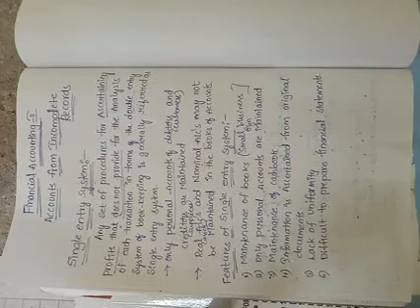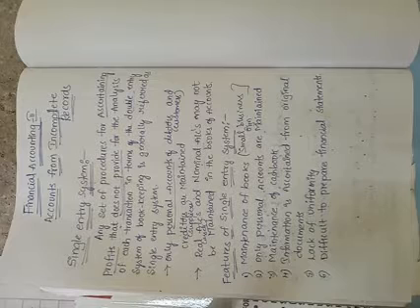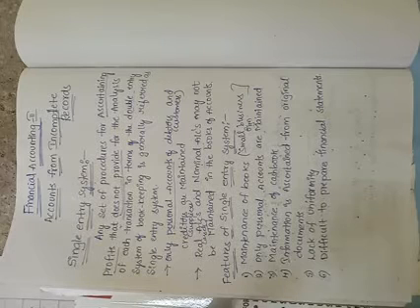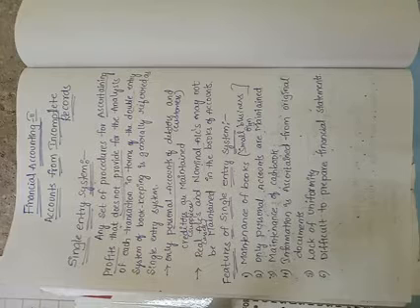Similarly, no balance sheet can be prepared in the absence of balances in ledger. With the closing balances of ledger only, we prepare the trial balance. So that's why it is not possible to prepare the trial balance and the balance sheet.